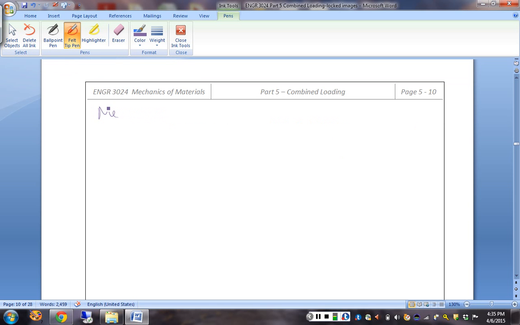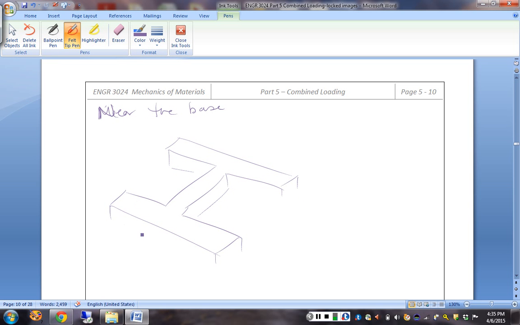So if we say near the base, what are our internal reactions? And I'm going to do my best to draw a sliced cross-section of my I-beam. That's not as bad as some have been.